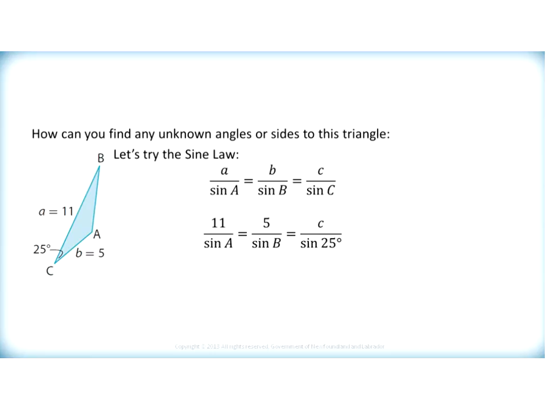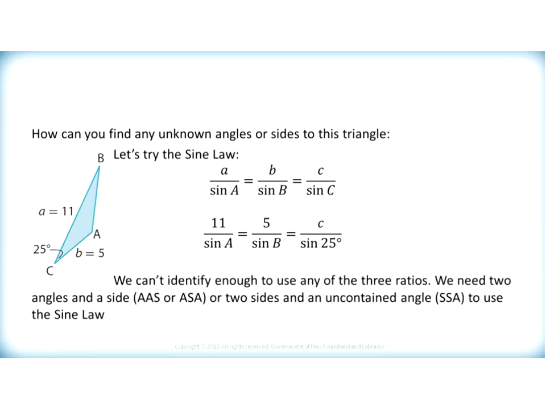In a situation like this, it's impossible to use the sine law because we just don't have enough information. So we can't identify enough to use any of the three ratios. We need two angles and a side, an AAS or an ASA triangle, or two sides and the opposite or the uncontained angle to use the sine law.